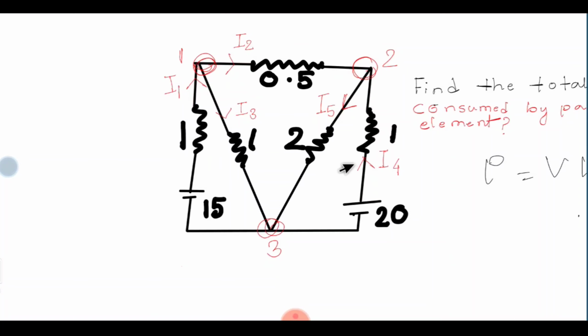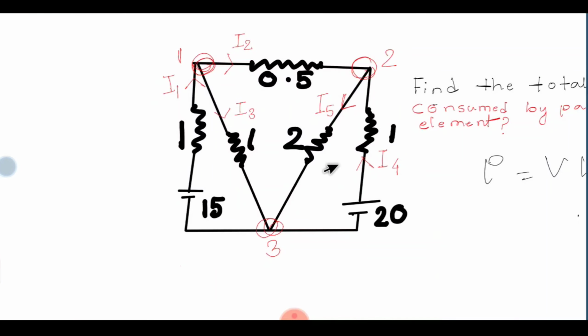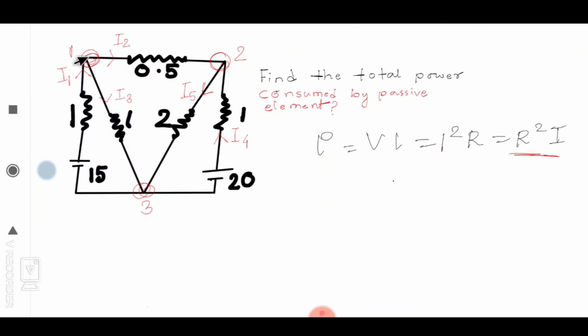Now we will analyze all these nodes and find the equations. Assume the voltage at this node is V1, the voltage at this node is V2, and the voltage at this point is V3.